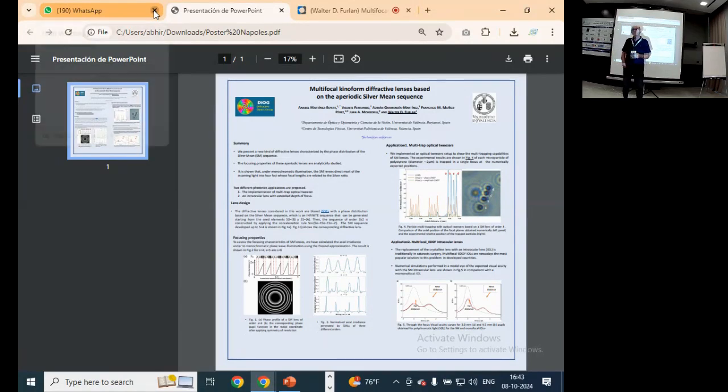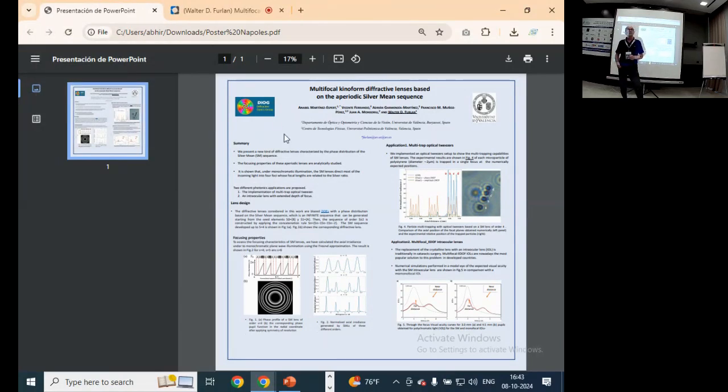As you probably know, there are many mathematical sequences in the field of mathematics and algebra that can be used in several fields of research.